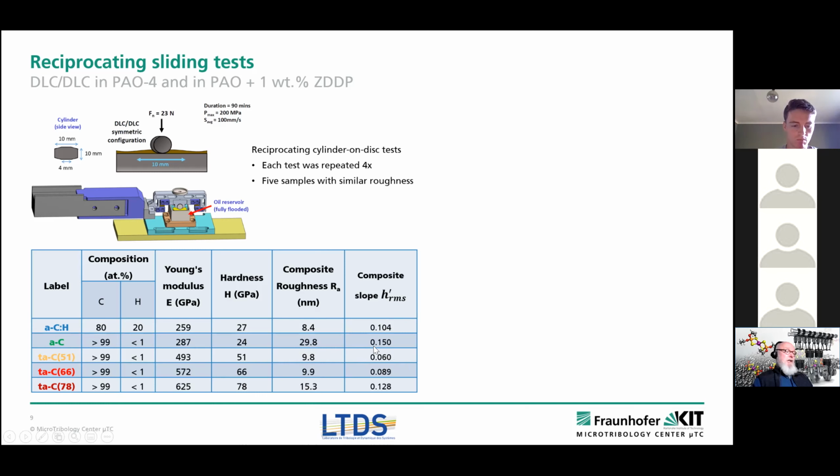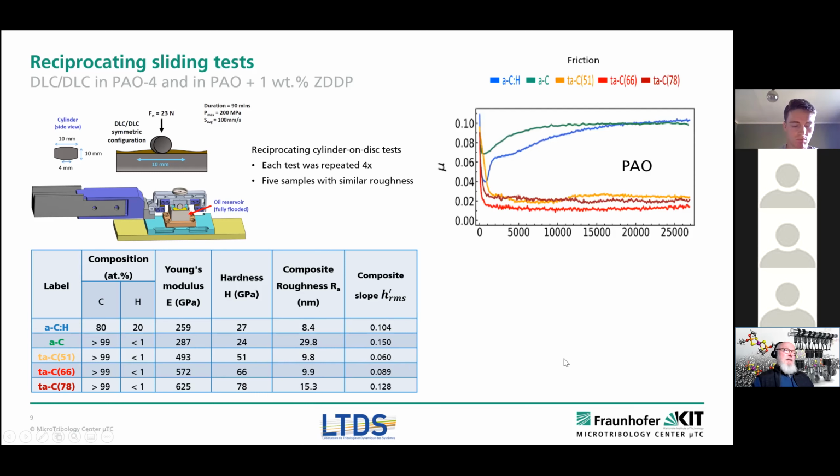between 0.06 and 0.15. Now, in the tribo experiments, they found that the weak coatings, ACH and AC, gave rise to some low friction, 0.1, while all 3 TAC coatings went into ultra lubricity around 0.02.